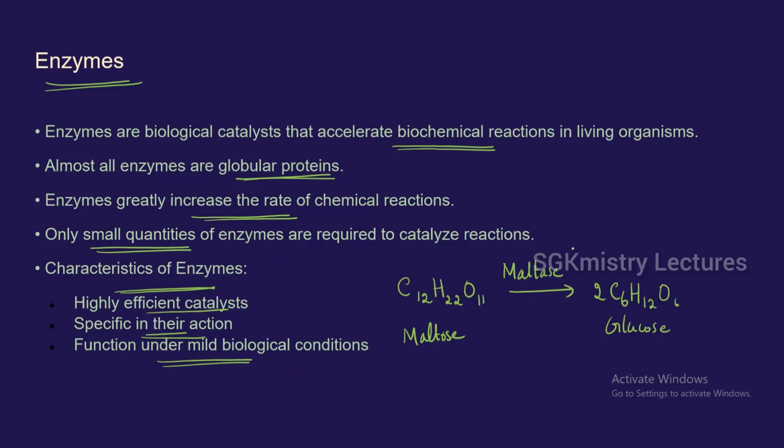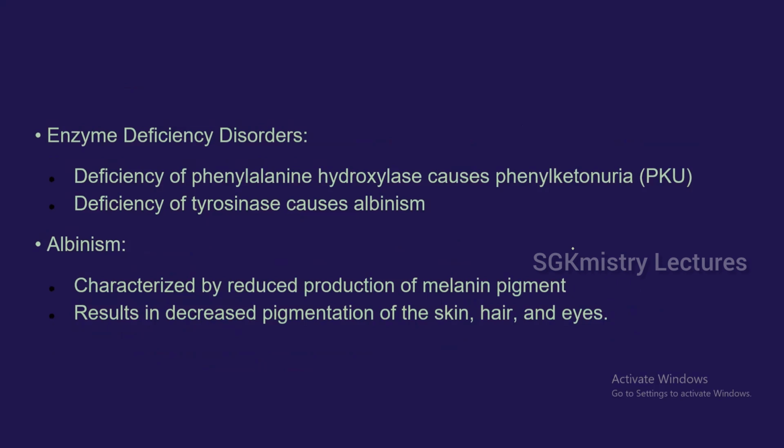Next, coming on to the mechanism of enzyme action. Enzymes, as I already told, are required in small quantities, and each enzyme has specificity towards the substrate on which it acts to give the respective products. Now, the deficiency of the phenylalanine hydroxylase enzyme brings about the disease called phenylketonuria.